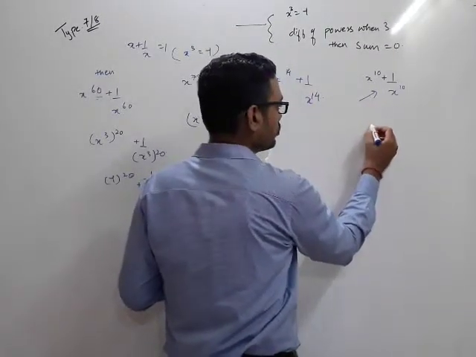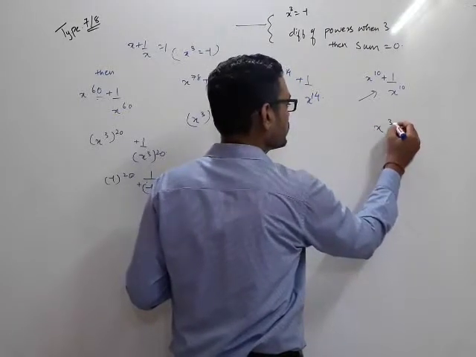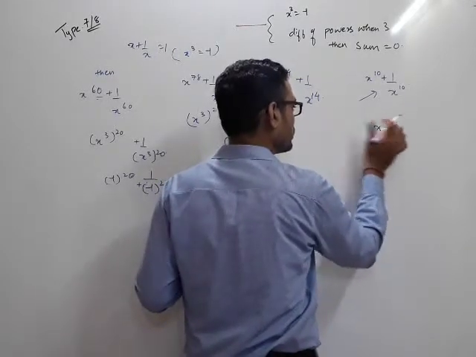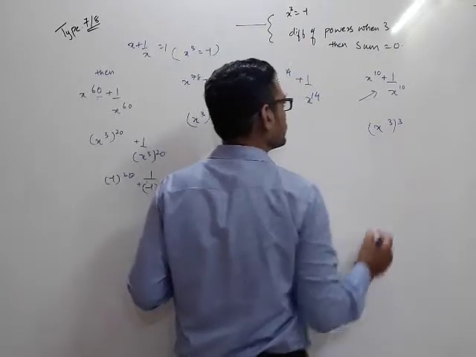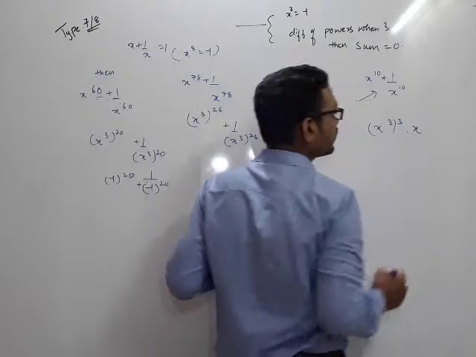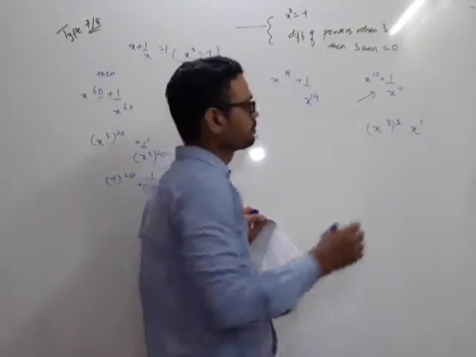So this x raised to 10 can be written as x raised to 3 into x raised to 3, which is x raised to 9, into x raised to 1, which becomes x raised to 10.